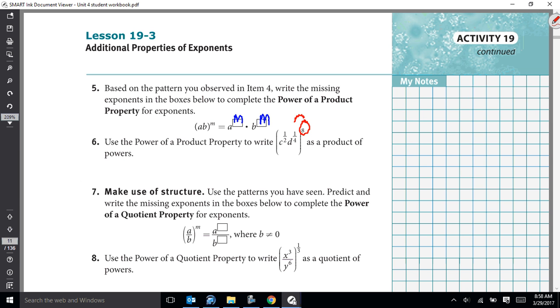So we have exponent sprinkle power going on. C to the 1/2 gets sprinkle power, and D to the 1/4 gets sprinkle power. So how do we simplify that? There's C to the 1/2, sprinkle power, right? D to the 1/4 gets exponent sprinkle power.